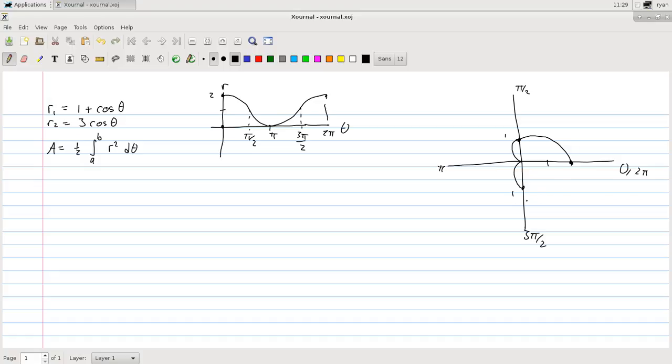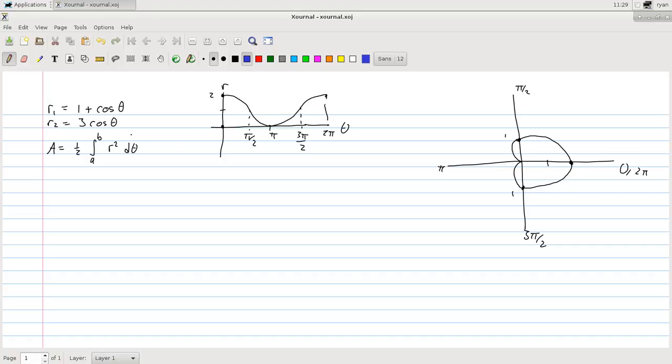And then as we go from 3 pi over 2 to 2 pi, r continues to increase until it's back to 2. So we're going to trace out further in this quadrant until r maxes out at 2, or we're back to our starting point.